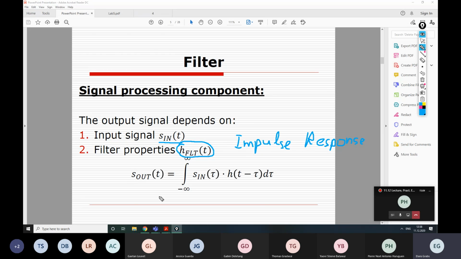The output signal is calculated according to this mathematical formula from the input signal and the filter impulse response. Please note that here we have some time moment t for which we are calculating the output signal value, and we integrate over some other variable tau, which is the integral's variable of integration.